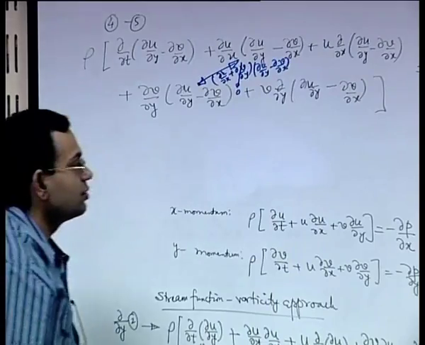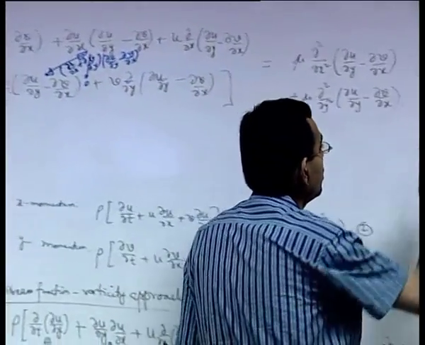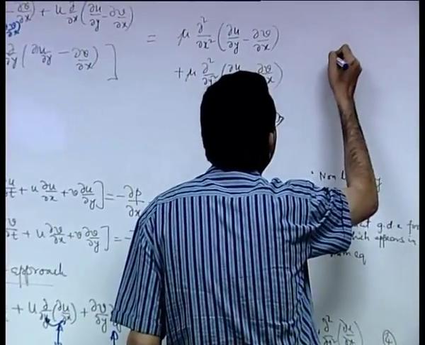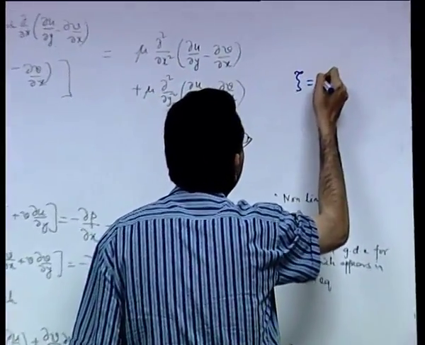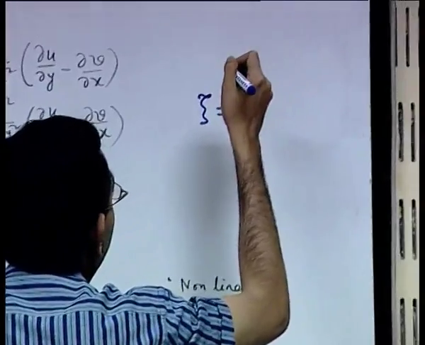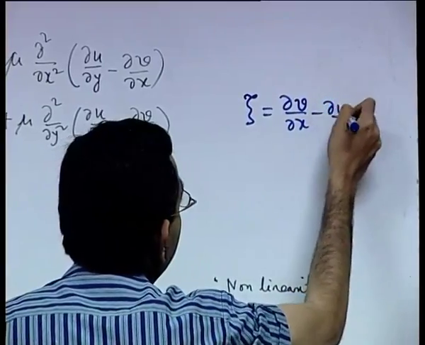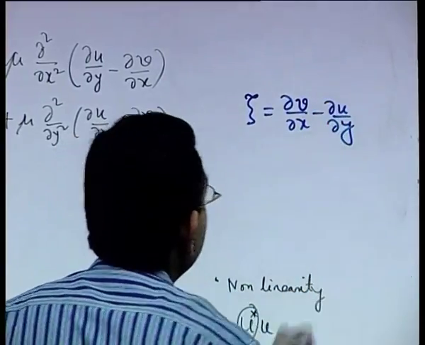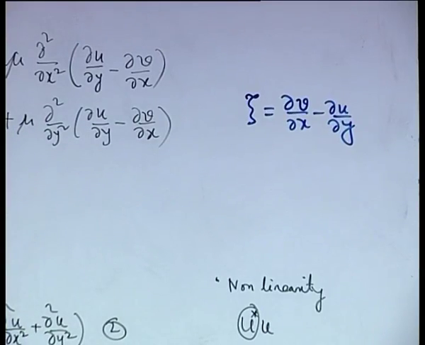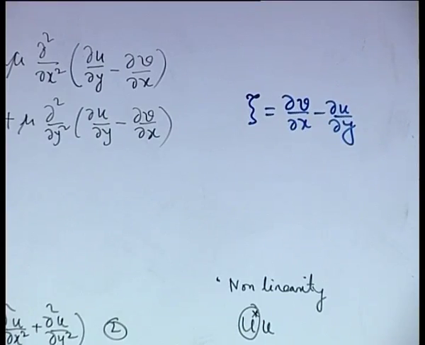It is the, so you can write say zeta is equal to del v del x minus del u del y, which you may call as vorticity.